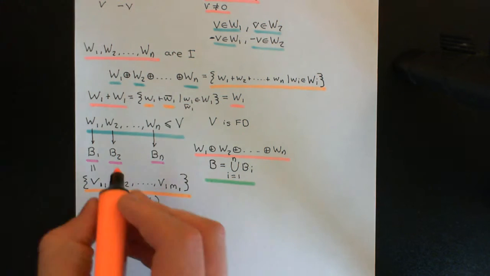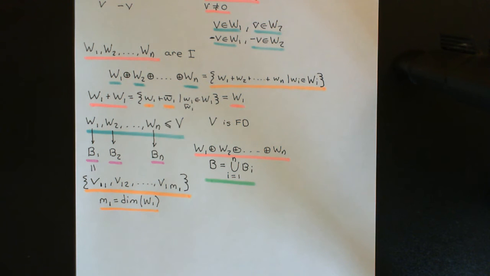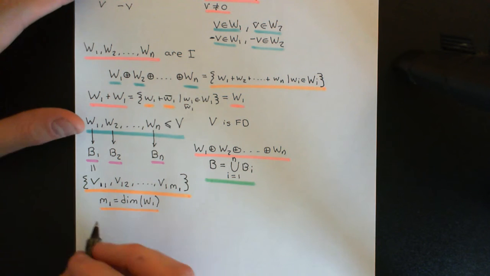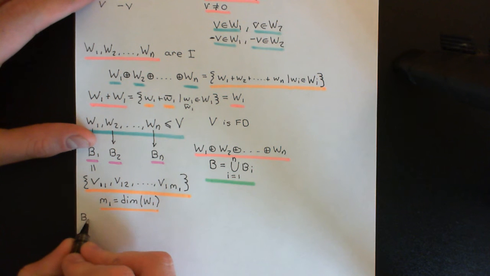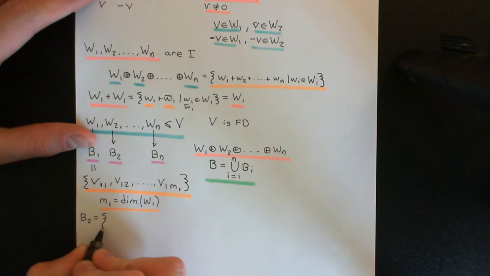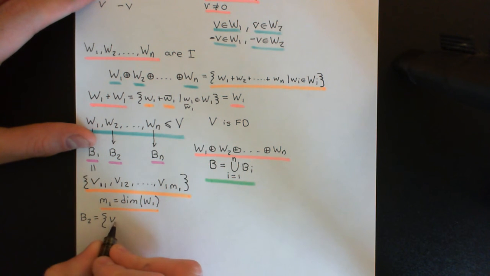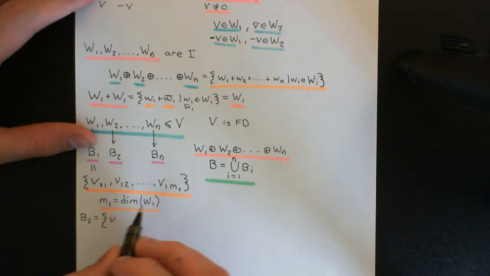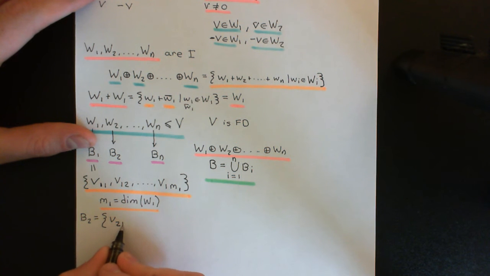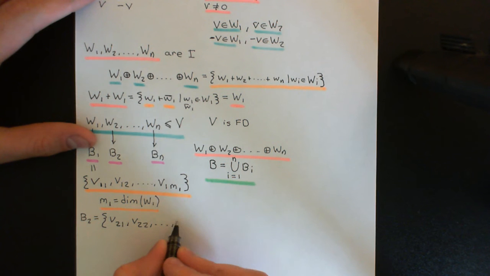Now we're not going to stop there, I'm going to do it for B2 and Bn as well. So I'm going to write B2 explicitly out, and I will now raise this first index to 2. So we'll have v_{2,1}, v_{2,2}, and it will go on all the way up until v_{2,M2}, where M2 is the dimension of W2.